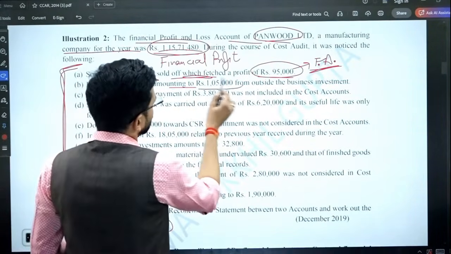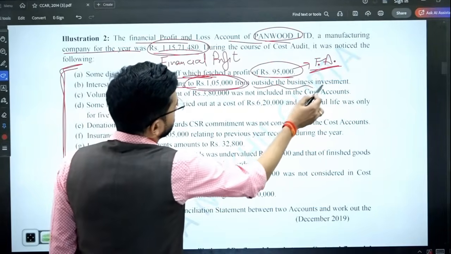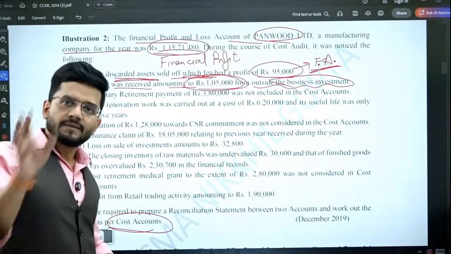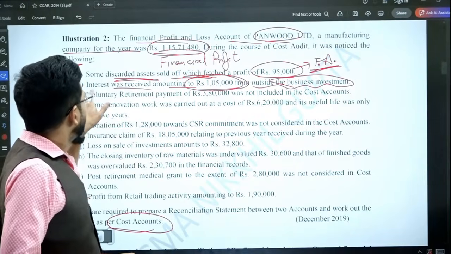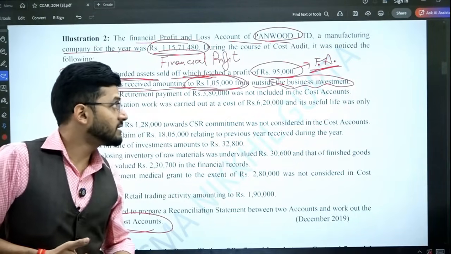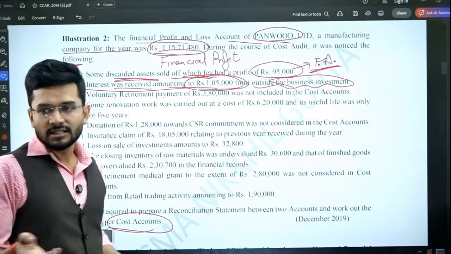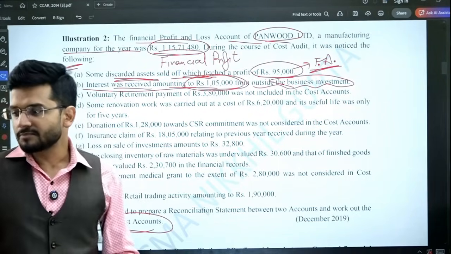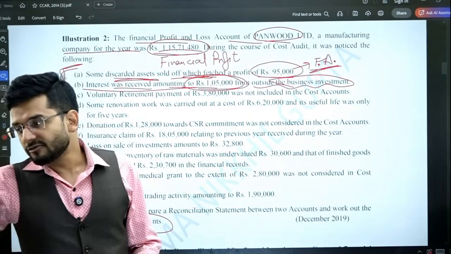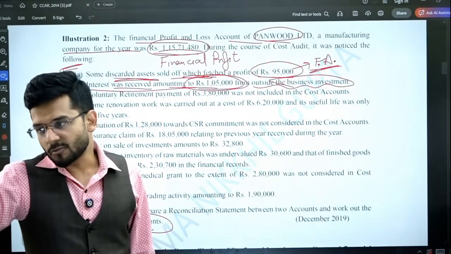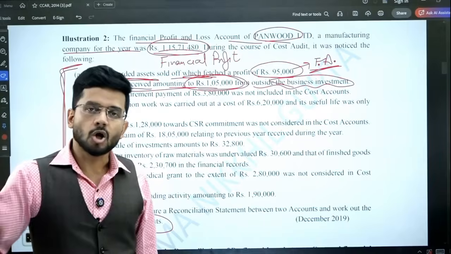Interest was received amounting to rupees 1,05,000 from outside the business investment. Okay, so there has been some business investment. We have received interest amounting to 1,05,000 from outside the business investment. So there's some other income which has been earned by us. Obviously such income is recognized in the financial profit. It is never recognized in the costing profit.